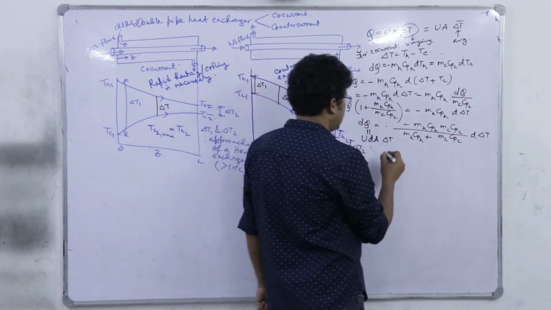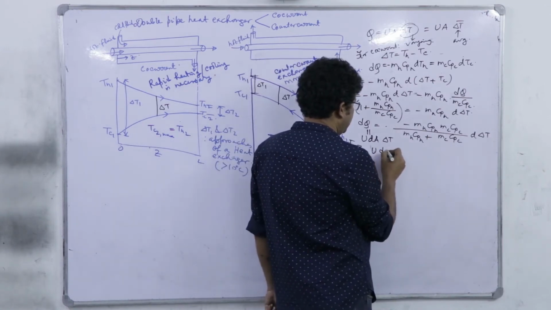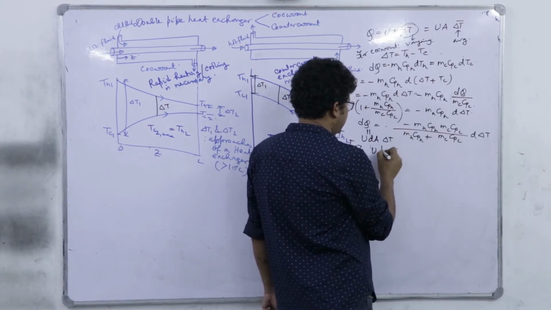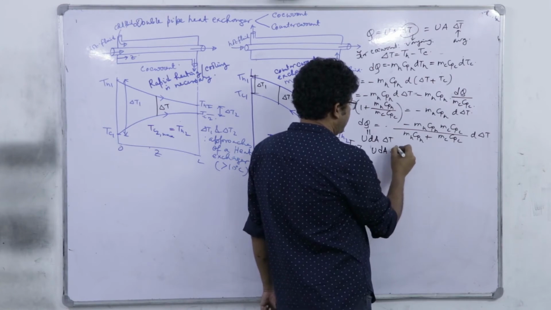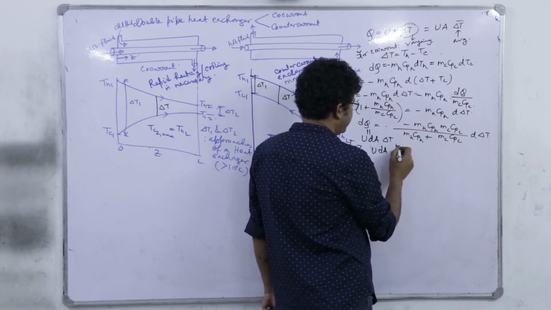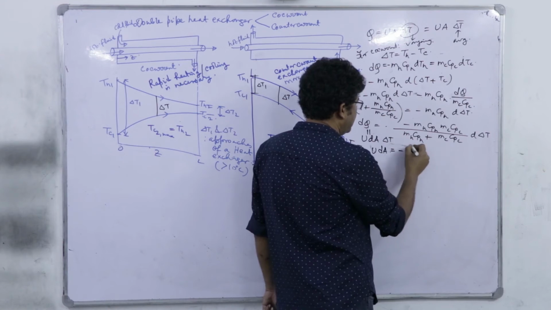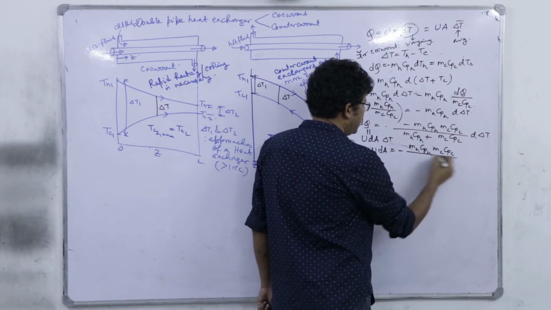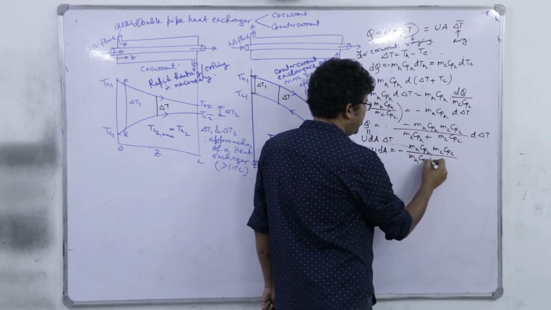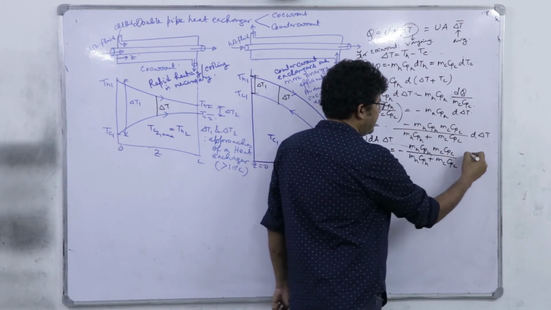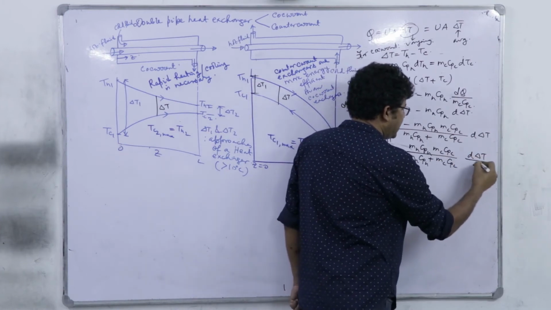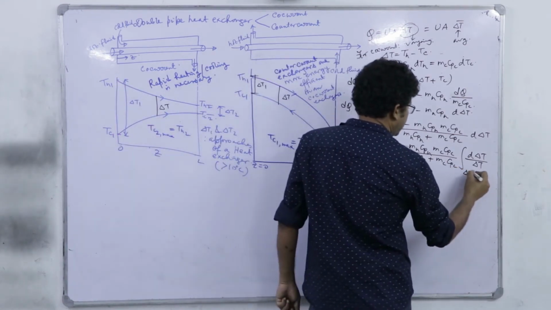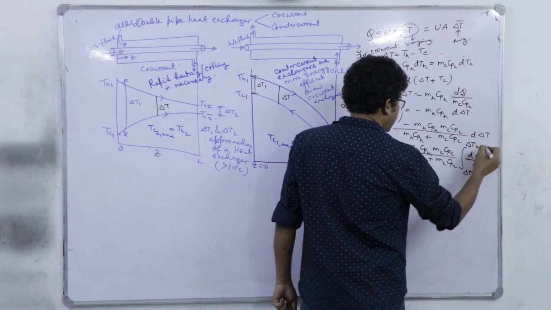So U into dA is equal to minus mH CPH mC CPC divided by mH CPH plus mC CPC into d delta T by delta T, and we have to integrate it from delta T1 to delta T2, right, delta T1 to delta T2.